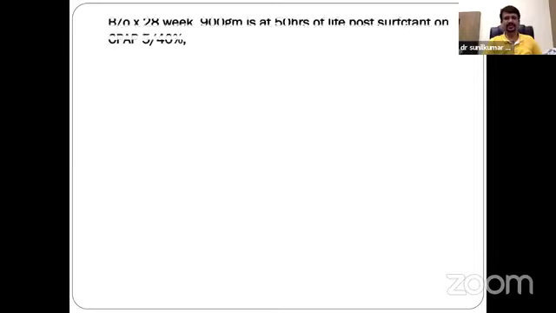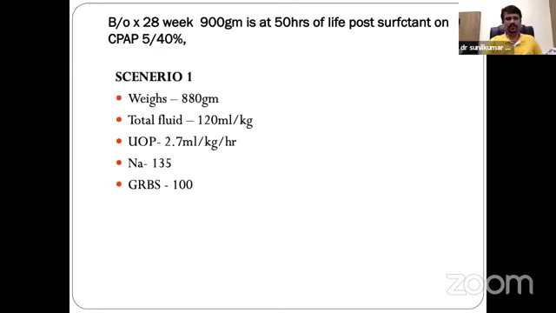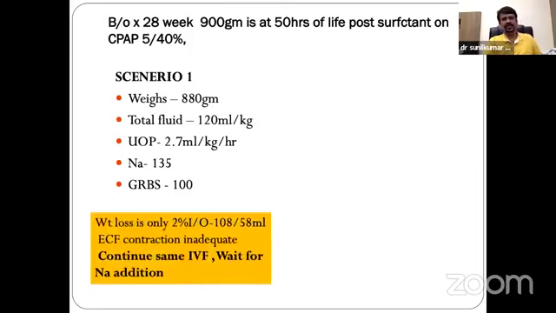Okay. So coming back to this, the first case, the 28-week, 900 grams baby at 50 hours of life, post surfactant on CPAP 5 and FiO2 40%. Okay. So what is the inference? Here the weight loss is only 2%, and the baby is getting 108, and its urine output is only 58 ml.